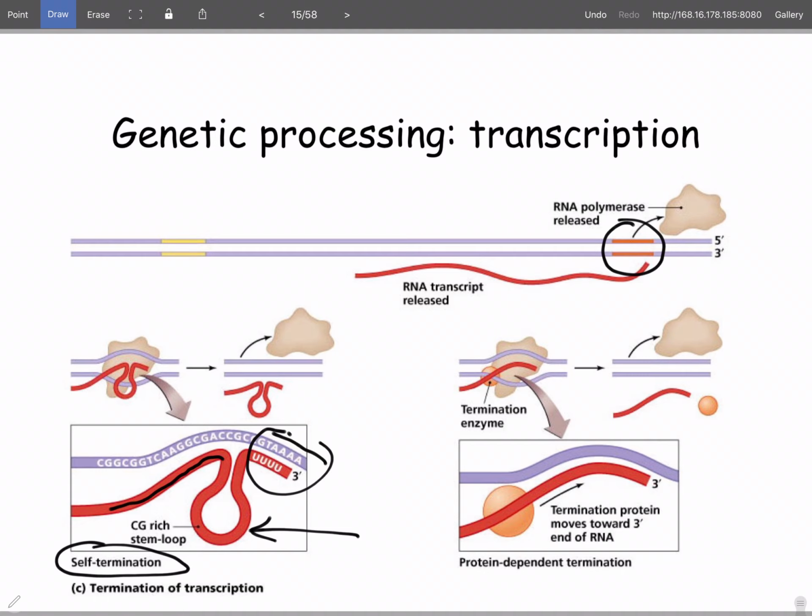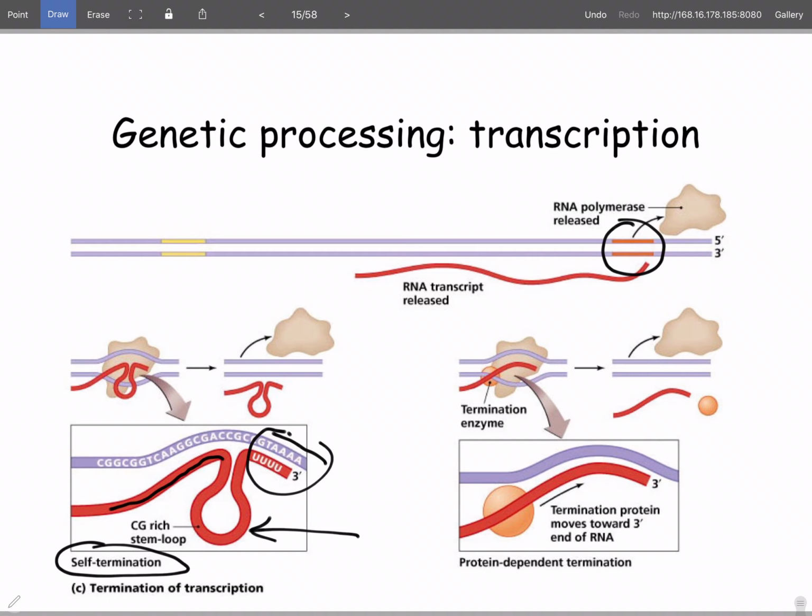And allows the RNA transcript to be removed from the complementary DNA. So the DNA rehybridizes the 2 strands, and the RNA polymerase comes off. Okay, so that's a self-termination event.